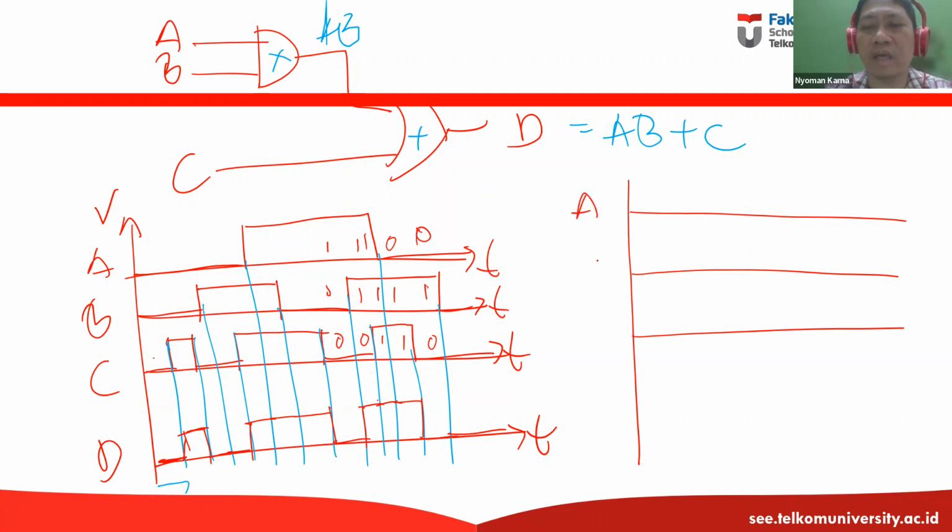So we have A, B, and then also we have AB, and then we have C. Why do we need AB? Because the AND gate introduces a delay. So let's make something like this.